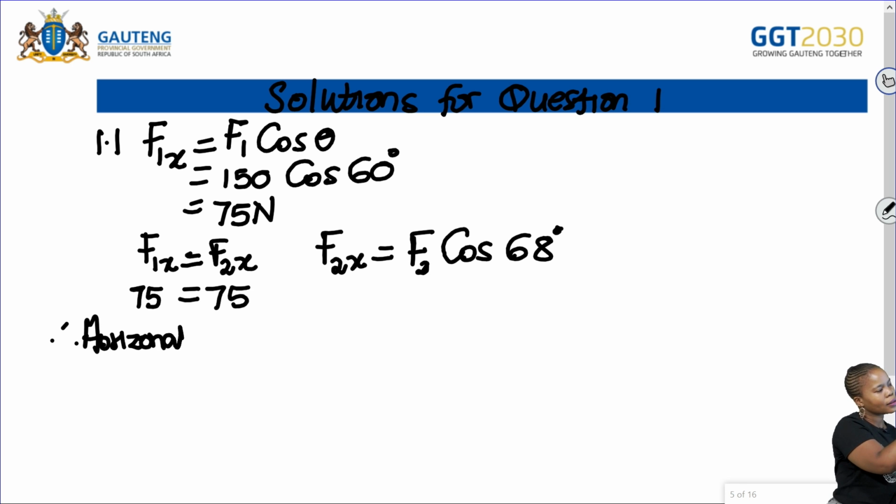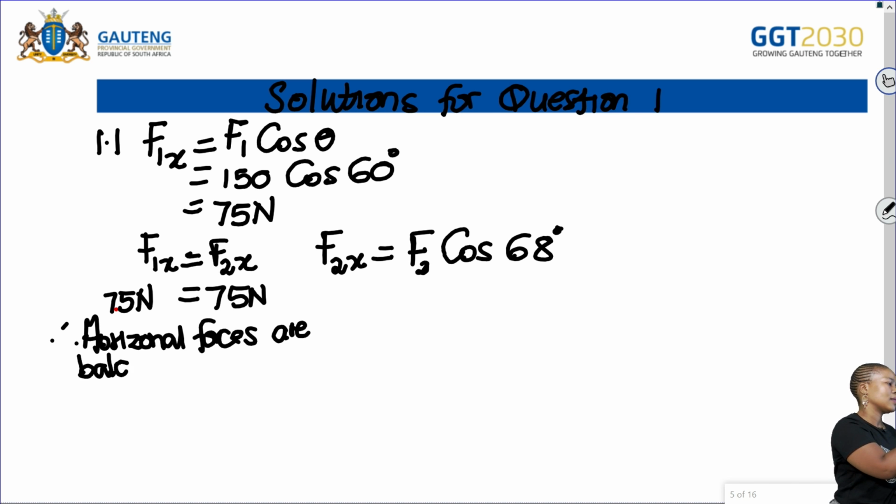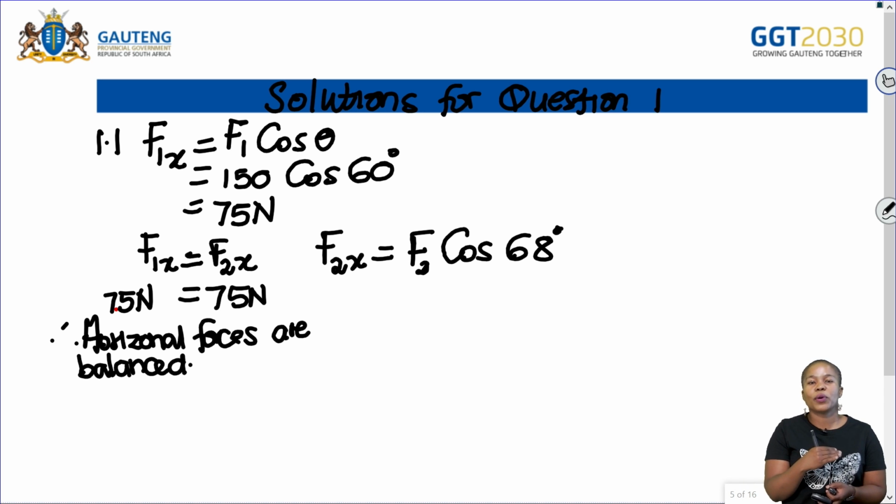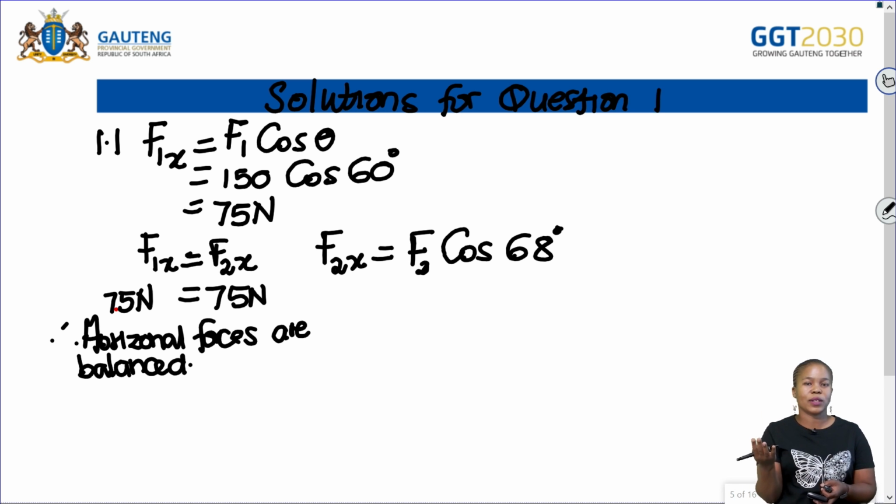Horizontal forces are balanced. Hence, if we know the horizontal component for F1, that will be equal to the other one.